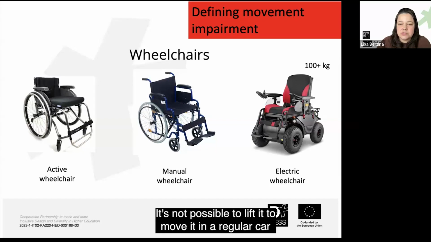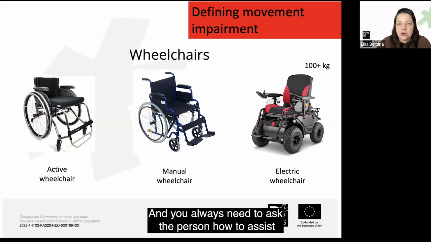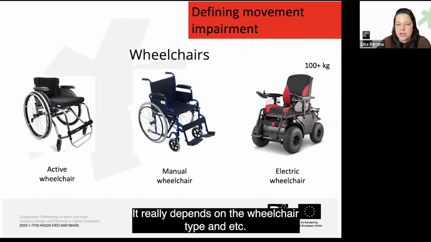It's not possible to lift it, to move it in a regular car. You need a special car. And so you see how different wheelchairs are. There's also a different way how to fold them. And you always need to ask a person how to assist or how to fold the wheelchair, because they will know it the best. It really depends on the wheelchair type.